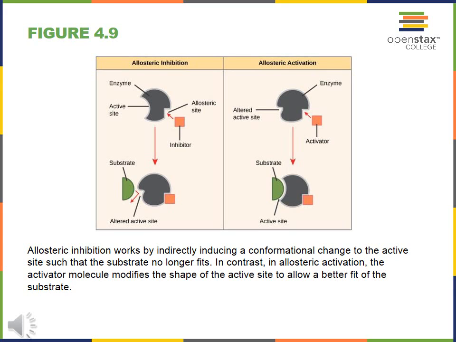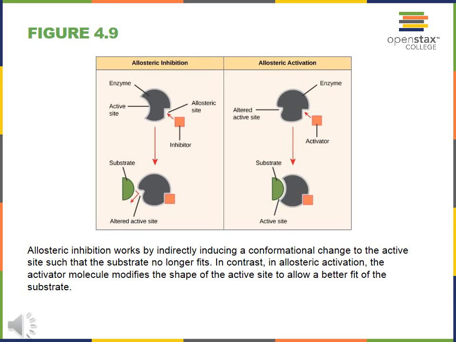So when the activator locks in there, the enzyme will change and make that nice half moon shape so that the substrate can lock in there perfectly at the activation site. It'll fit, it'll make the products, and then it will release the products, and then it'll go back to the previous shape.